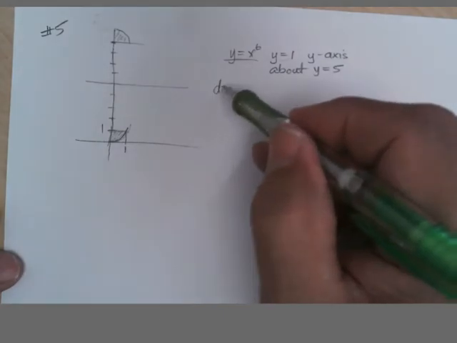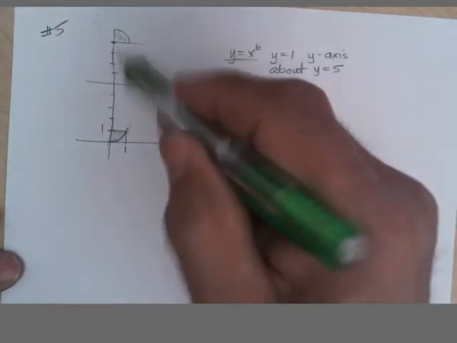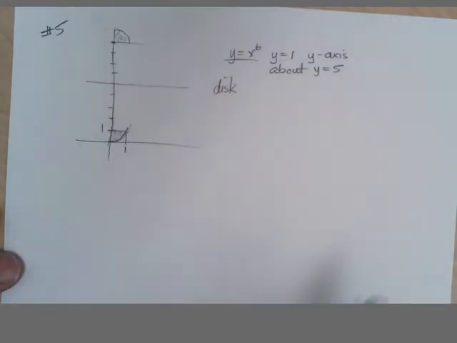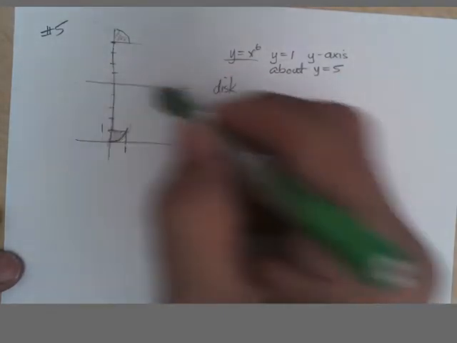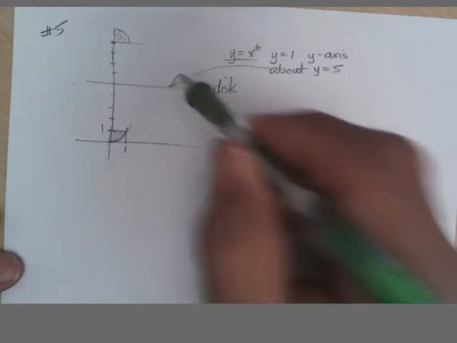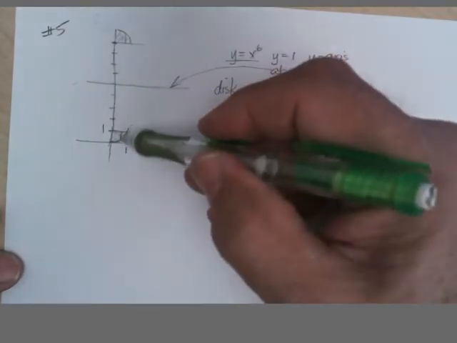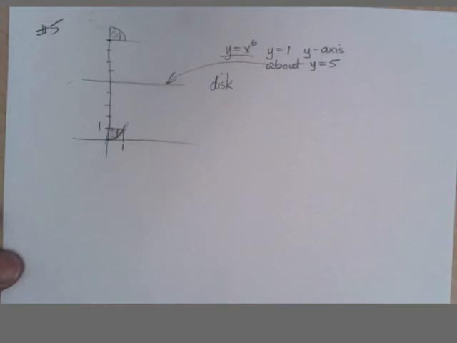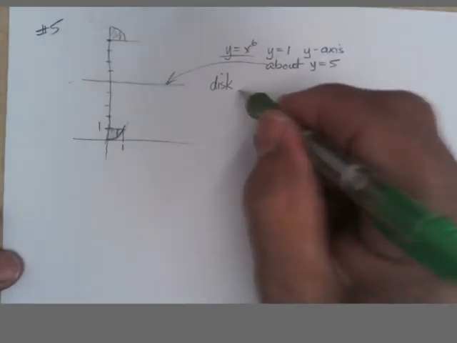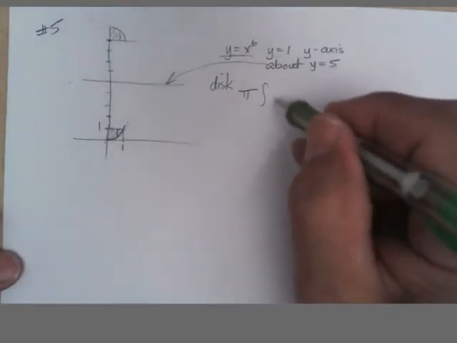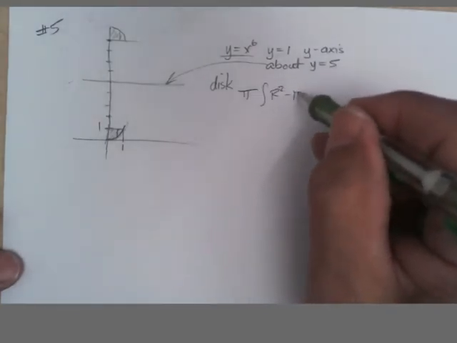So if I do the disk method, there would be a hole in it. I would be slicing perpendicular to the axis of rotation, so the slice would go this way. The formula for a disk, if there's a hole in it, is pi times large radius squared minus the small radius squared.